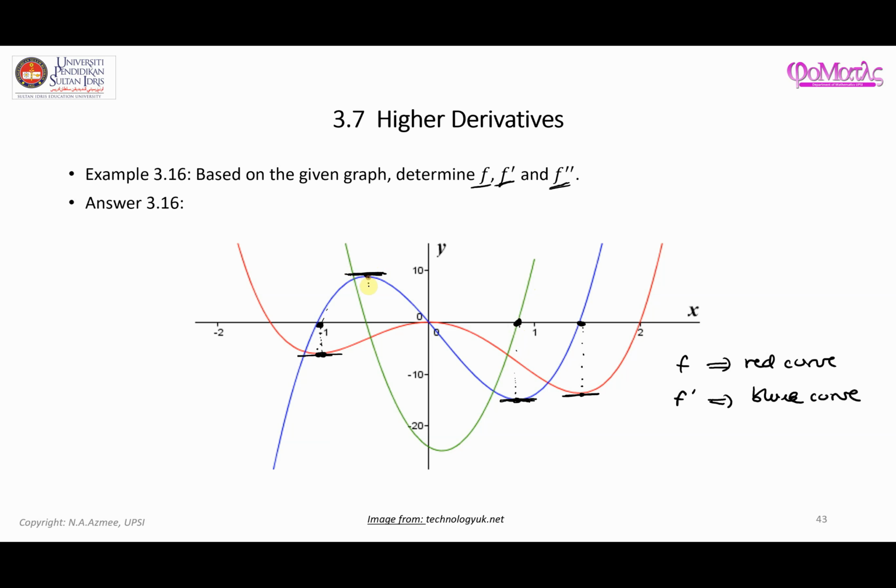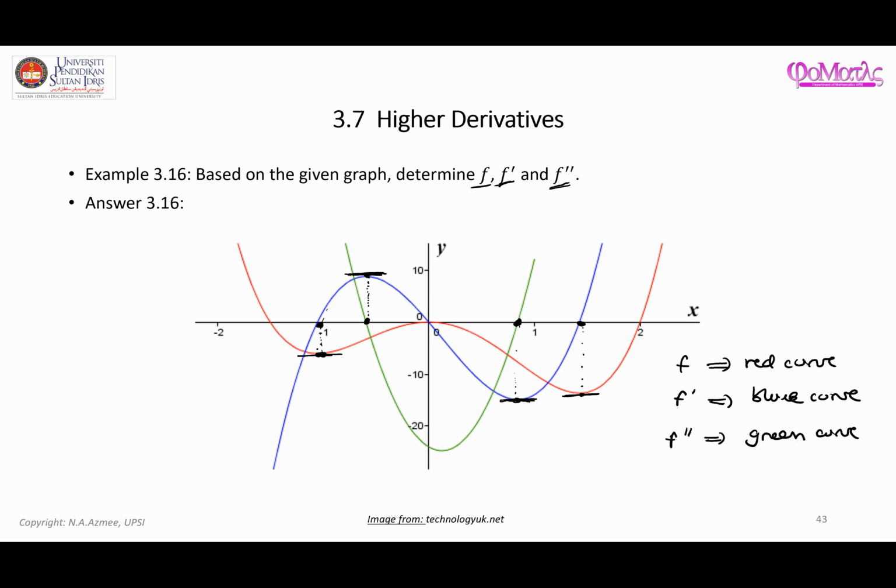So I would expect that at this point I will have the value of 0. You can see that the value of 0 is on the green curve. Therefore, the green curve here is the derivative for the blue curve. So, in other words, the second derivative is given by the green curve.